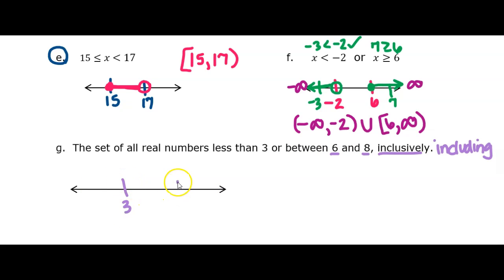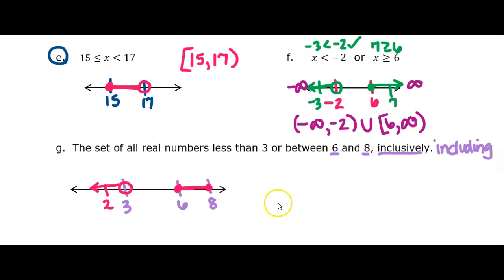We have 3, and we have 6 and 8. All real numbers less than 3. Is that including 3? 3 is not less than 3, so we are not going to be including the 3. So less would be to the left, so for example 2 and so on, and then everything between 6 and 8, including 6 and 8. So we're going to include both of those.